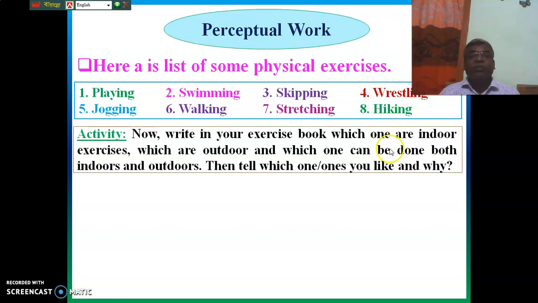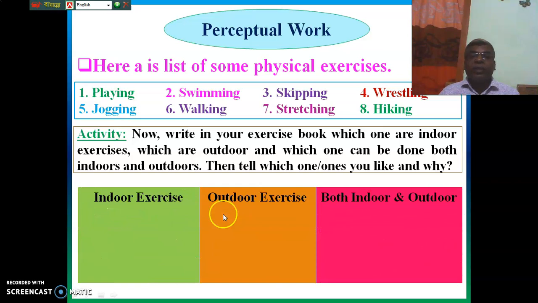Now, write in your exercise book which ones are indoor exercises, which are outdoor, and which can be done both indoor and outdoor. Then tell which one or ones you like and why.